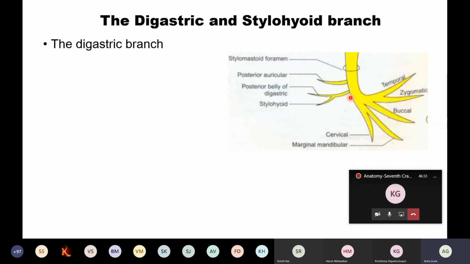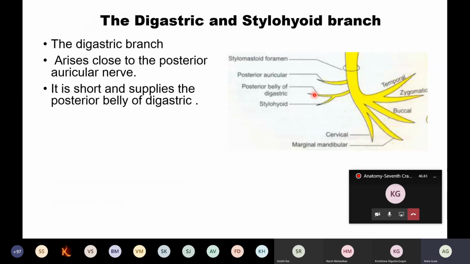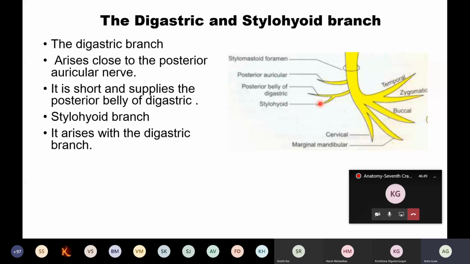Just below the posterior auricular nerve, a branch arises which is called the muscular branch, which will supply the digastric muscle, that is the posterior belly of digastric. From this branch, there is a very small branch coming, which will go and supply the stylohyoid muscle. So just below the stylomastoid foramina, we saw there was a posterior auricular branch, digastric branch, and the stylohyoid branch.